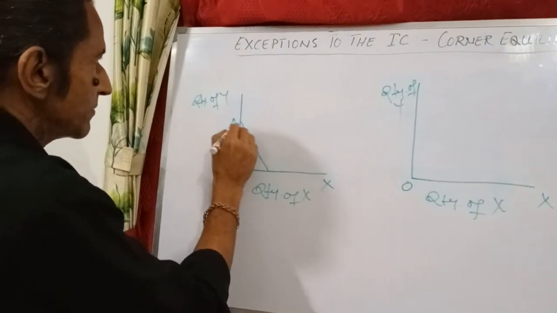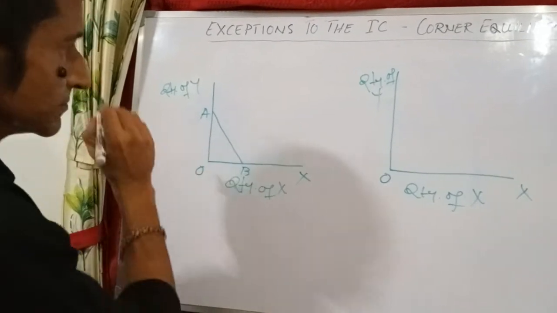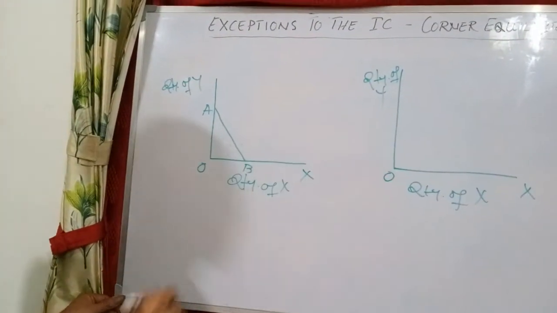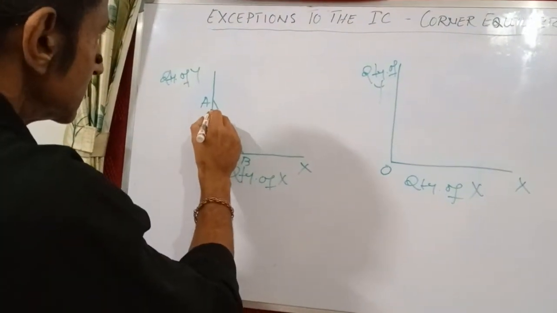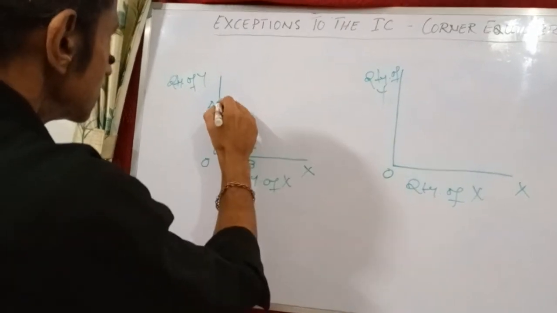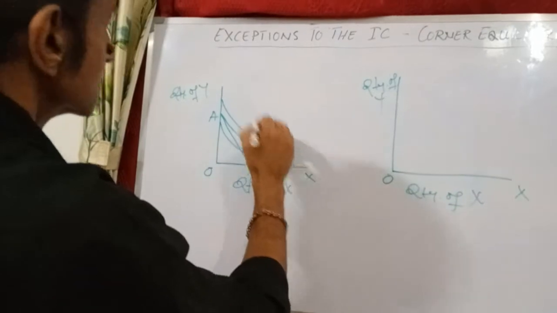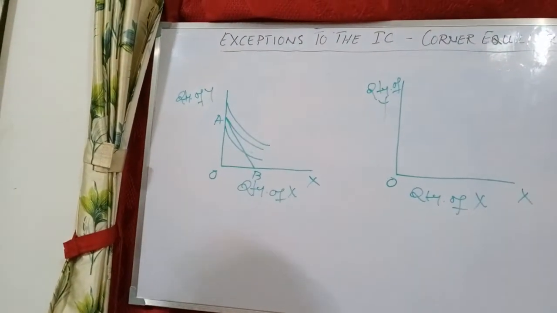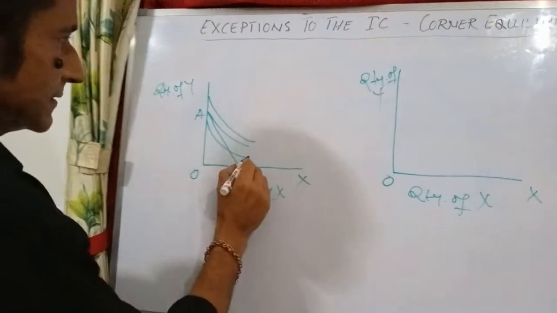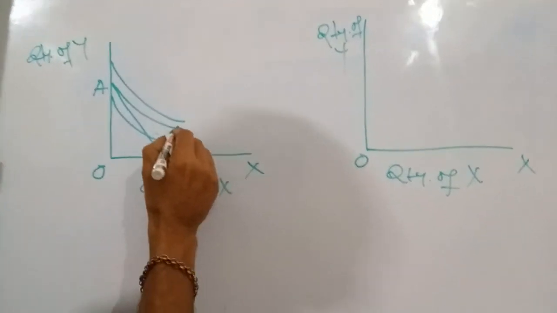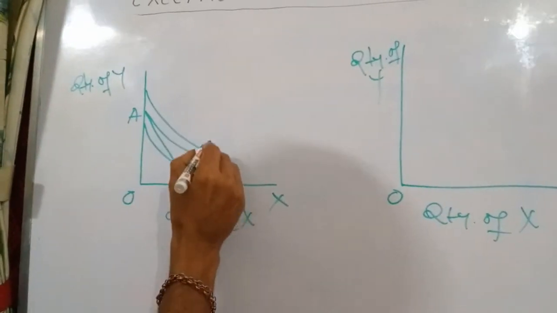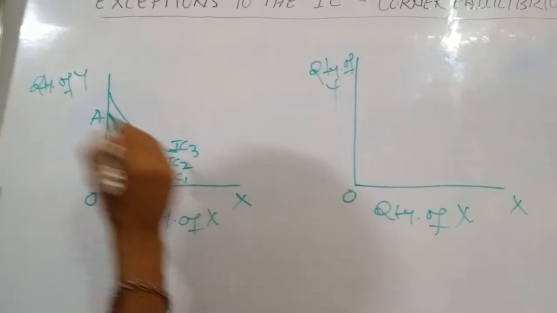Let AB be the budget line. And we draw three indifference curves like this. This is IC1, this is IC2, and this is IC3.